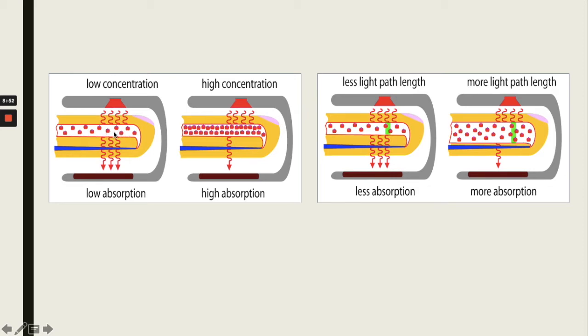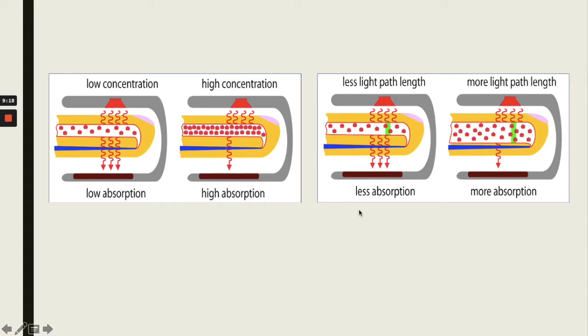That means more light is going to get through to the other side of the pulse ox. Now, if we have a high concentration of hemoglobin in the artery, and the same number of wavelengths of light going through, most of that light is going to be absorbed by the hemoglobin, so less light is going to get through to the other side.